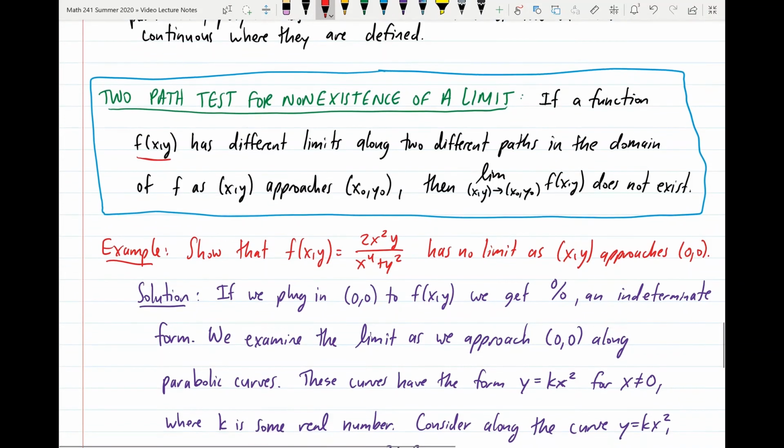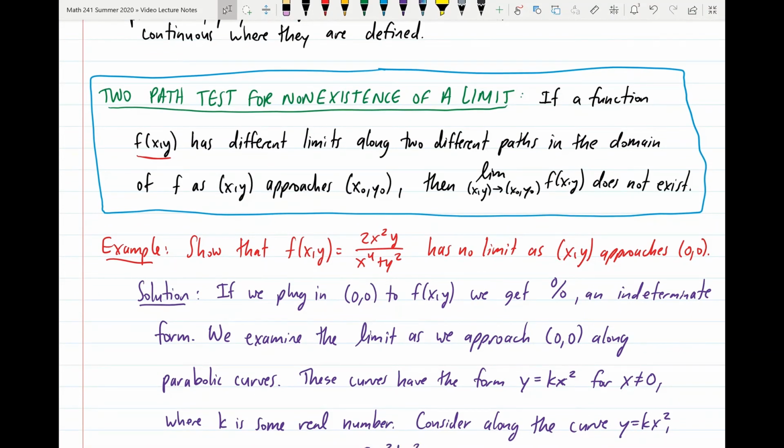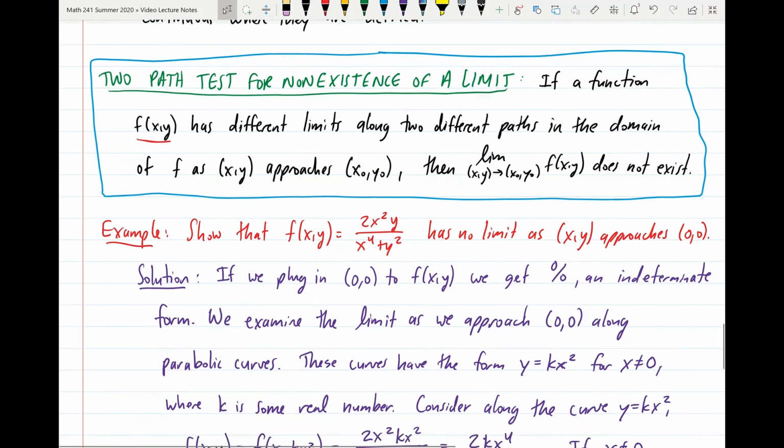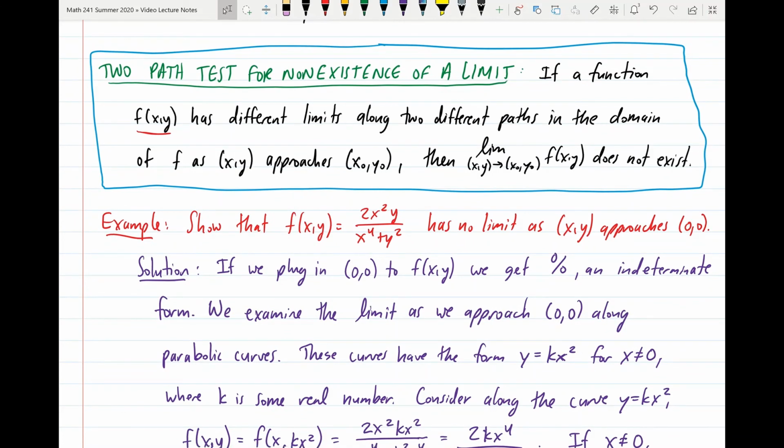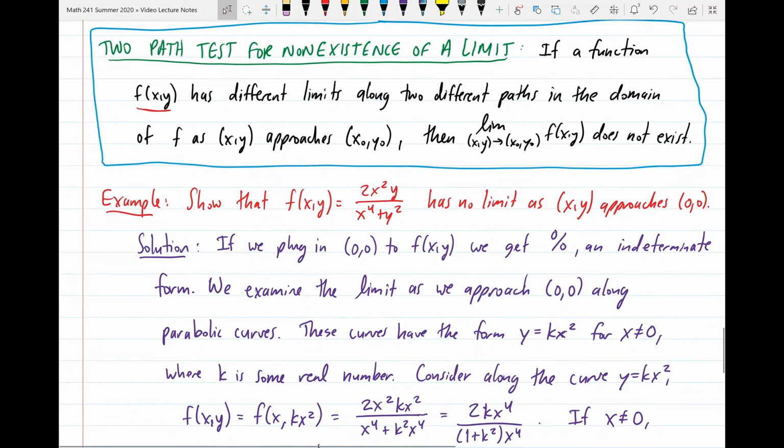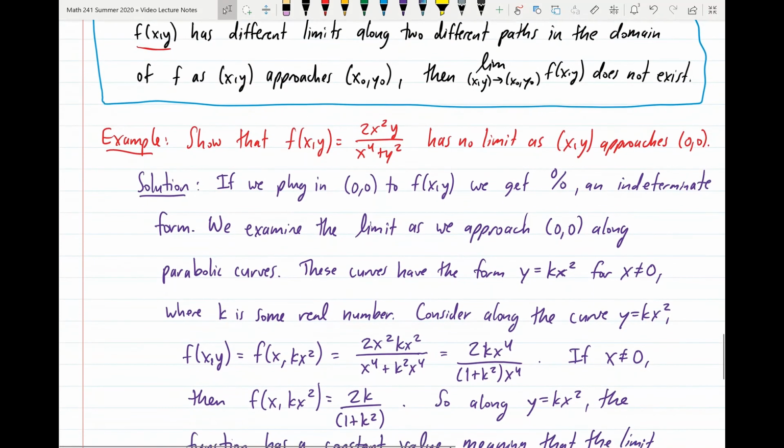It's not sufficient to show that the limit exists along two different paths to say that the limit exists in general. To show that the limit exists in general, you really do have to go back to the definition of the limit, just like I did in the example that I showed previously.